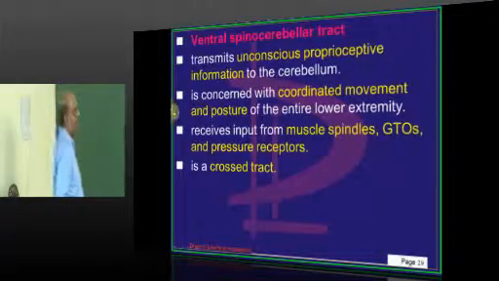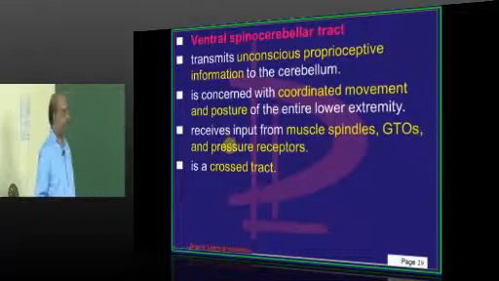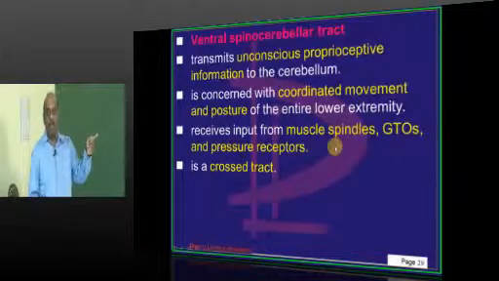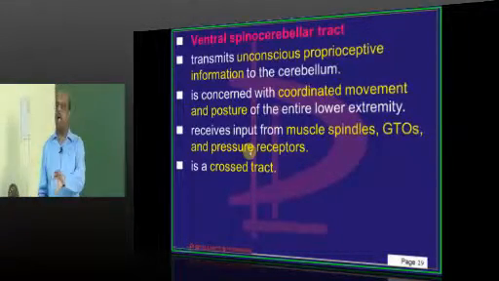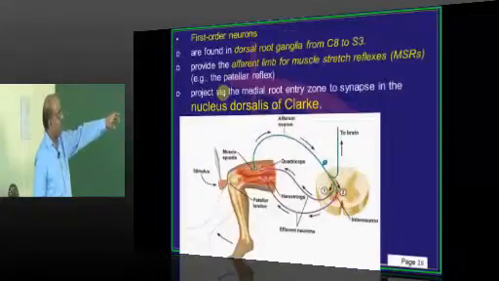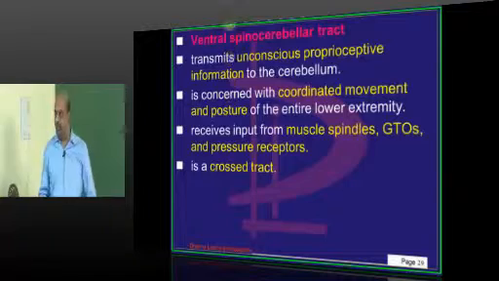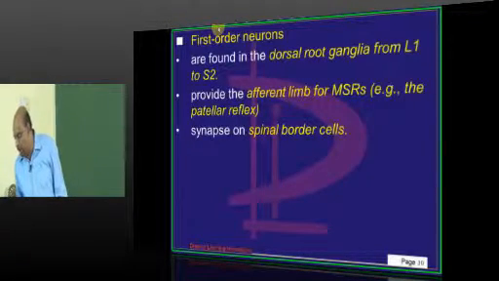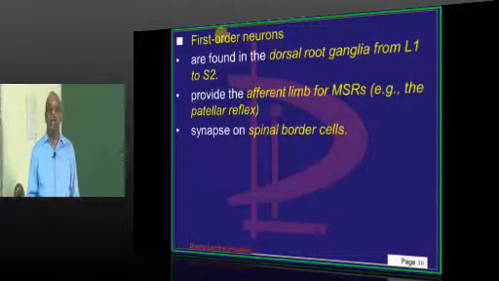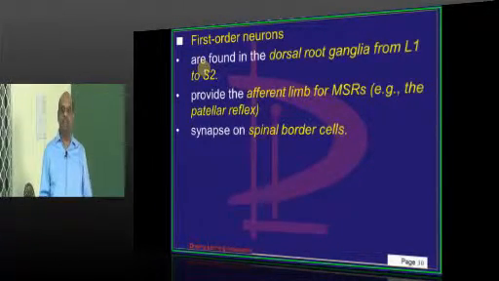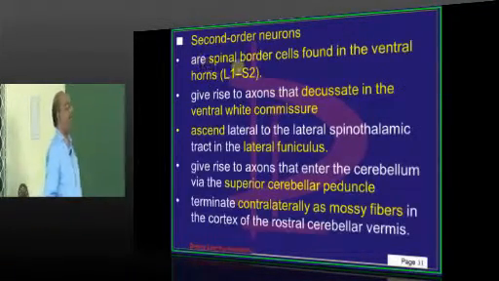So unconscious proprioception, coordinated movement of posture, and receiving proprioception from the muscle spindles are the common functions of both the dorsal spinocerebellar and the ventral spinocerebellar tracts. Both have the same functions. The only difference is that dorsal spinocerebellar is uncrossed, and ventral spinocerebellar is a crossed tract.